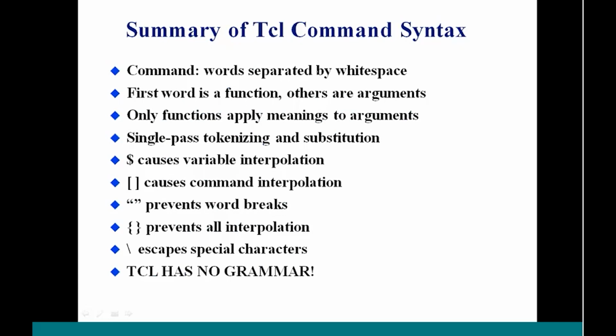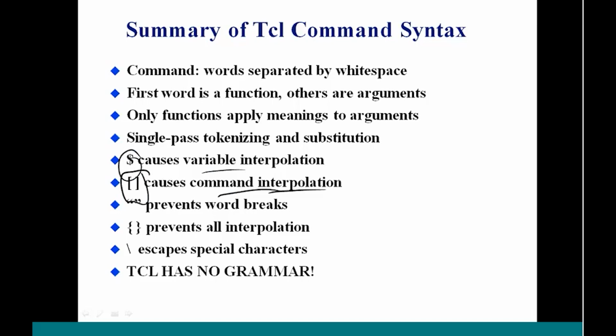Only functions apply meanings to those arguments, and it's always a single pass tokenizing and substitution. And then the substitution can take two forms. One is a variable substitution, the other one is a command substitution. The dollar causes variable substitution or variable interpolation, and then the square brackets cause the command substitution or the command interpolation.